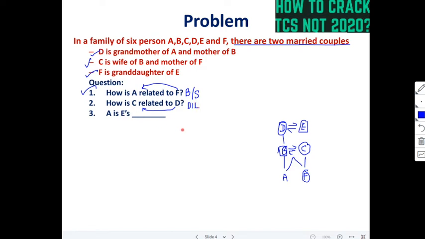Then for A, from E you have to check A. E's son is B and B's son is A. Then A is E's grandson.